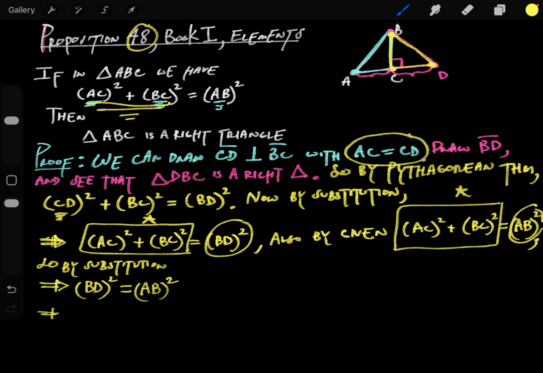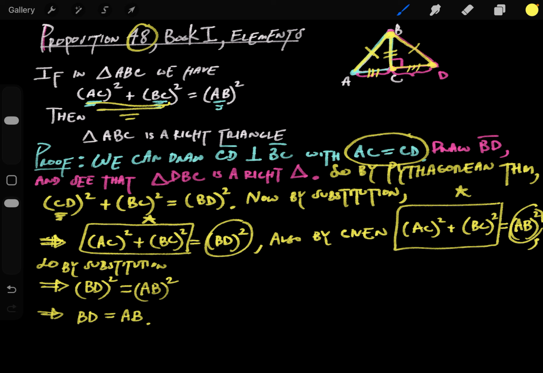And then since BD and AB must be positive, this forces BD to equal AB. And now, if we're careful, we should see that we got BD equal to AB, so this is the same as this. We got BC congruent to itself, and then we have AC, the same thing as CD.